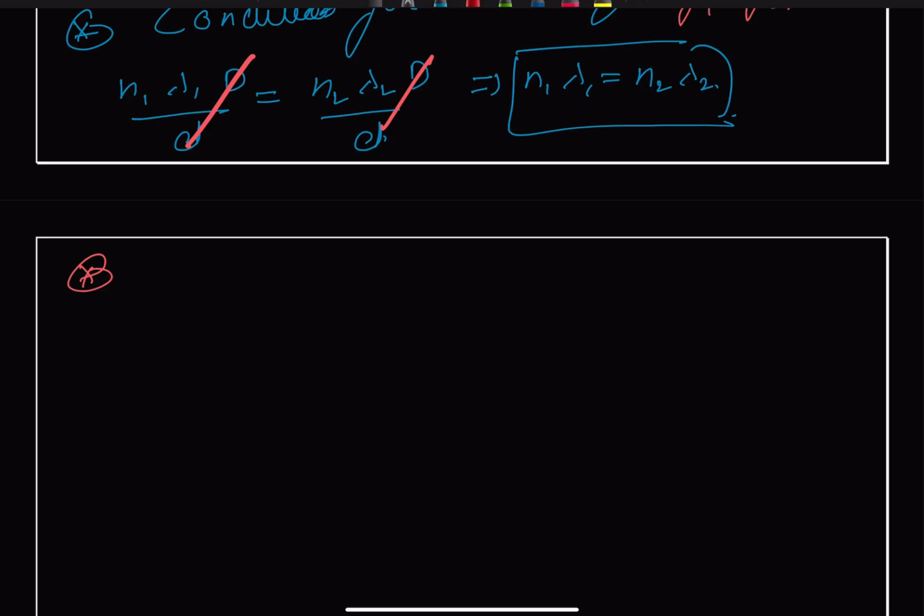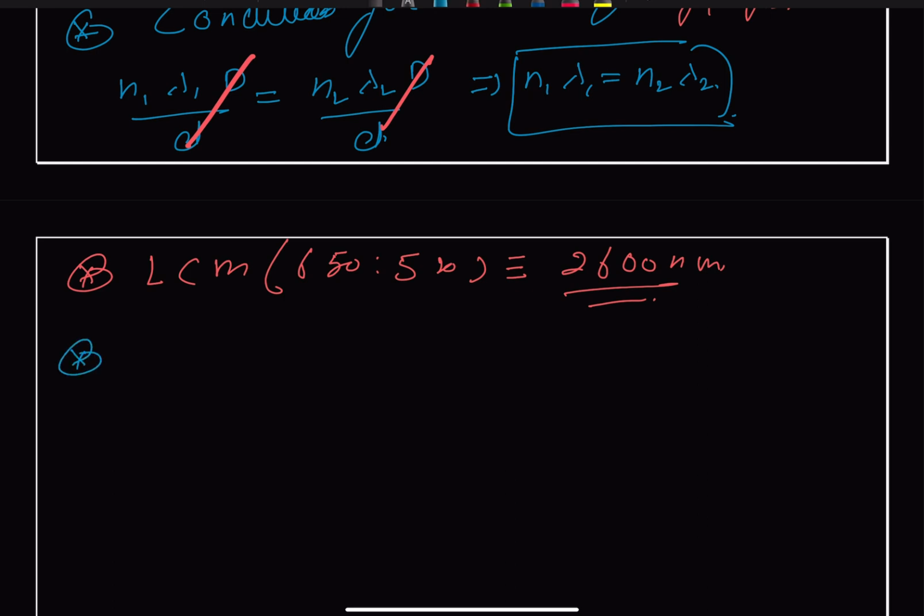The LCM of 650 and 520 comes as 2600 nanometer. So we can find out the distance from the central maxima.